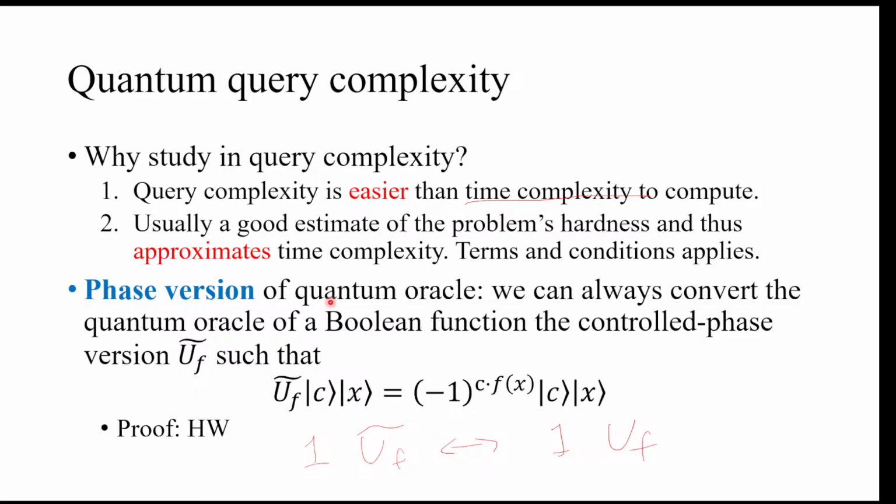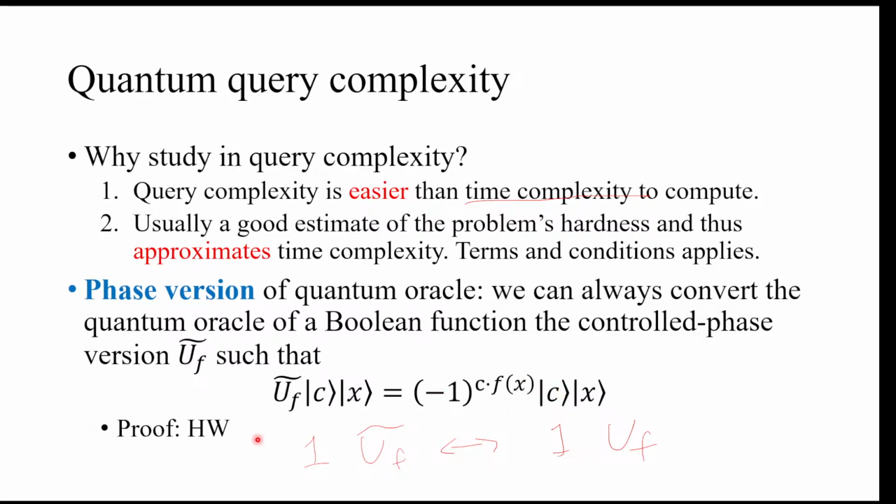In particular, it is easier to get lower bounds. And when you get a lower bound on your quantum query complexity, it basically gives a lower bound on your time complexity. We also see that this phase version of a quantum oracle, this phase kickback trick, is very useful. You can convert a quantum oracle to this phase version of the oracle, so you have this -1 to your function.